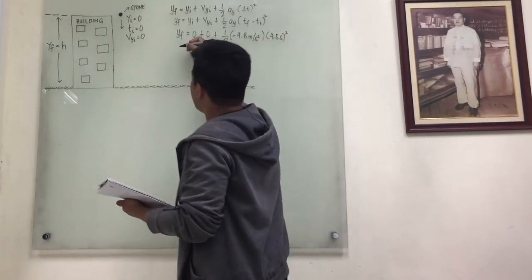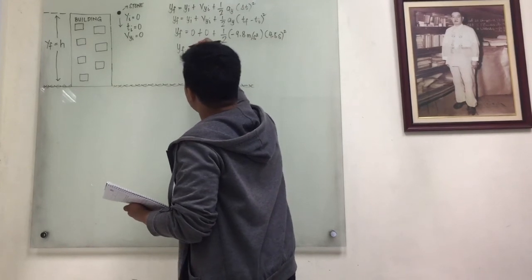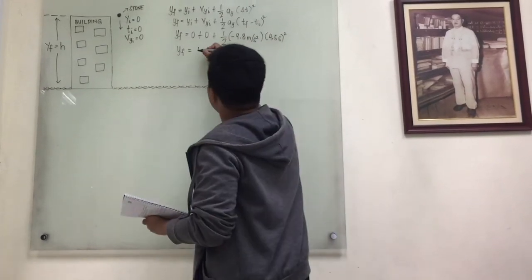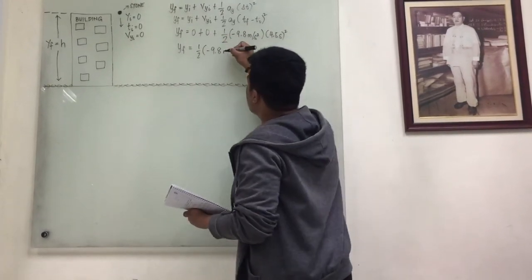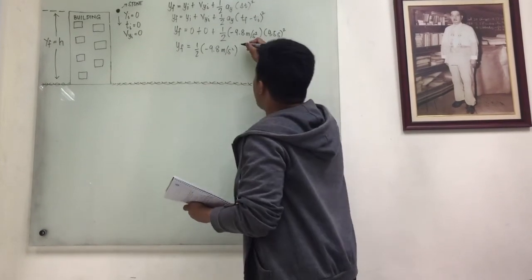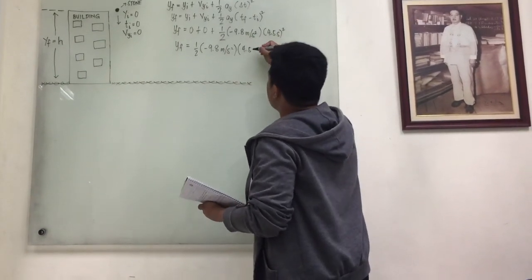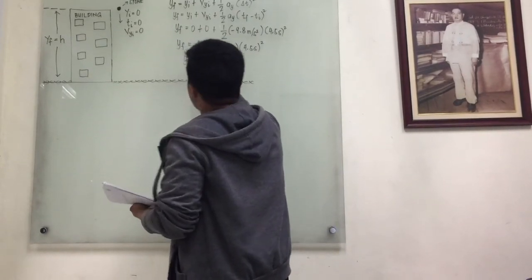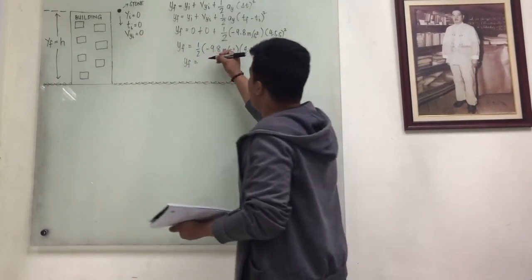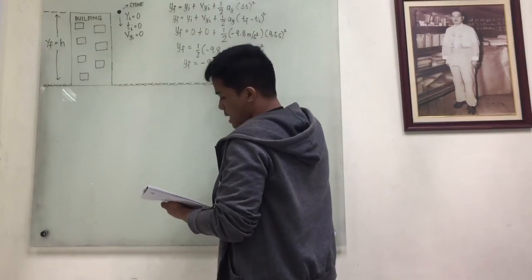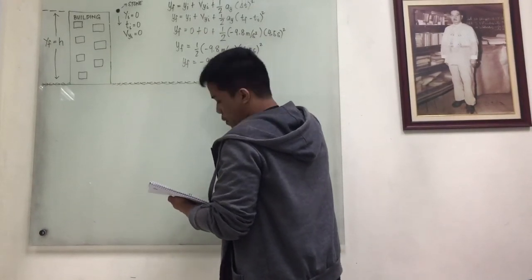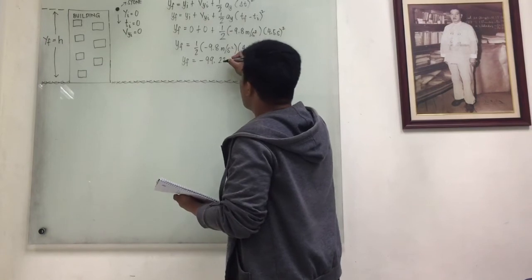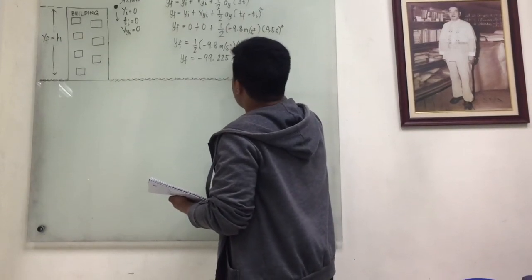So we compute for the YF. YF is equal to 1/2 negative 9.8 meters per second squared, acceleration due to gravity, times the final time, which is 4.5 seconds squared. So YF is now equal to negative 99.225 meters.